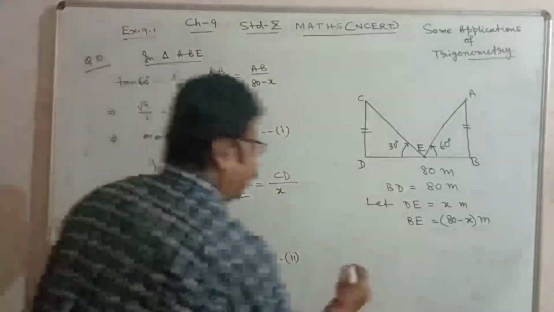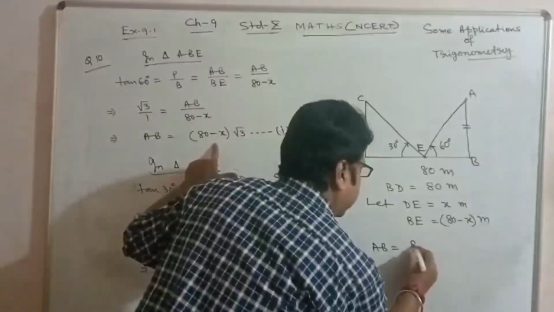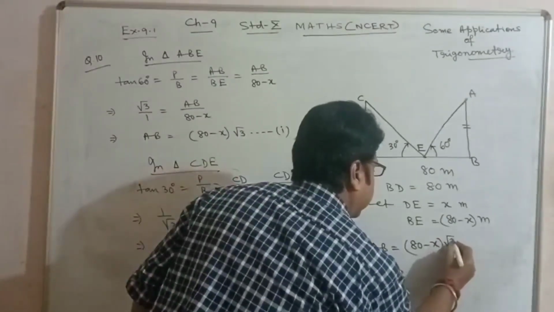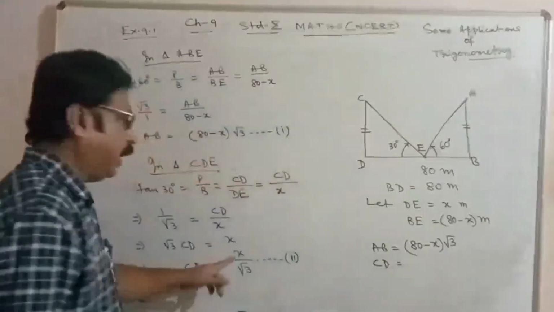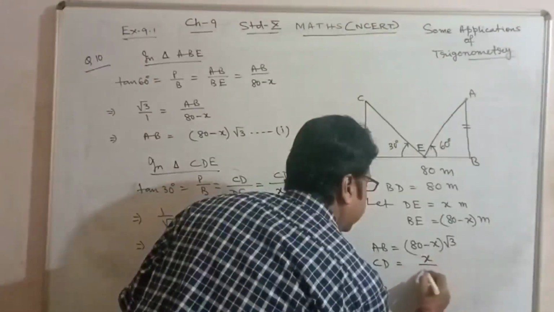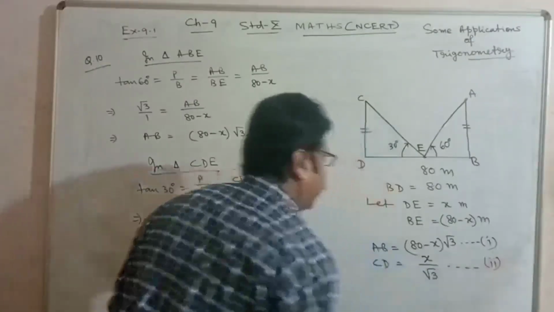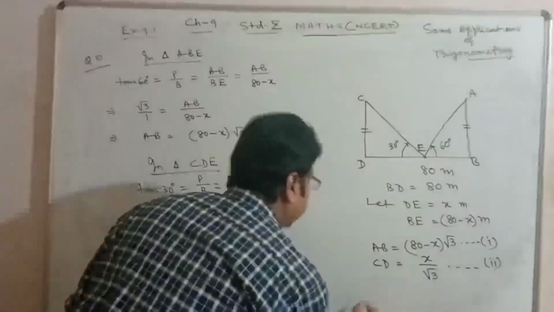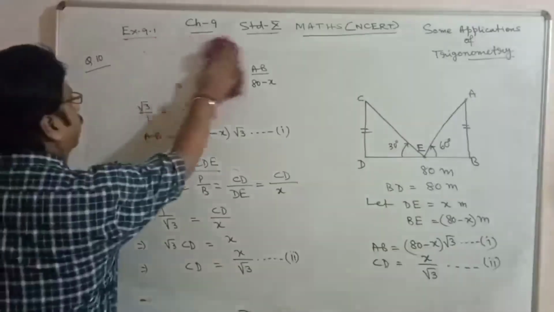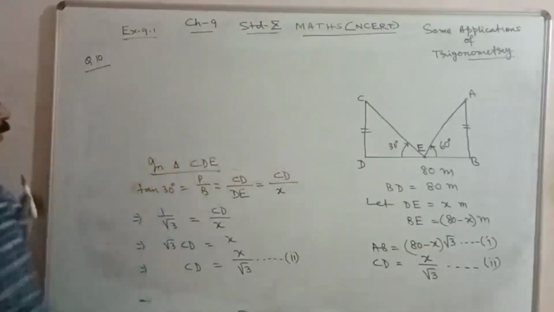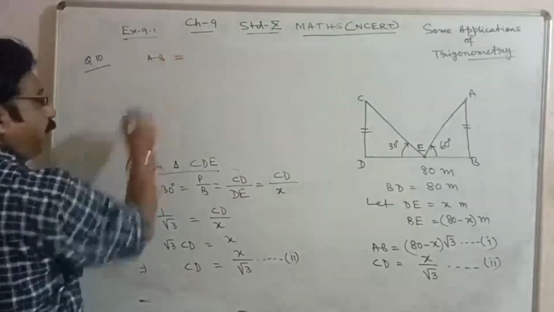So what we got? AB equals to 80 minus x root 3 and CD equals to x upon root 3. Equation 1, equation 2. And it is given right here, AB is equal to CD.